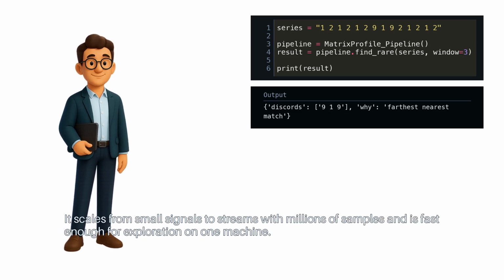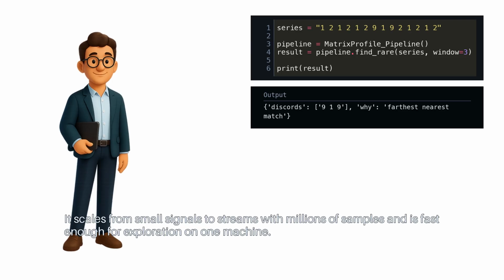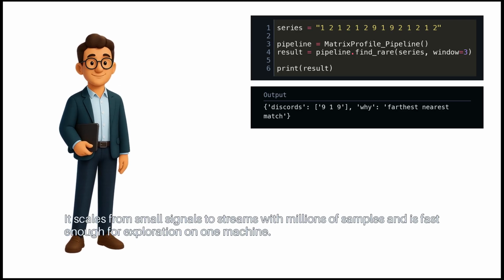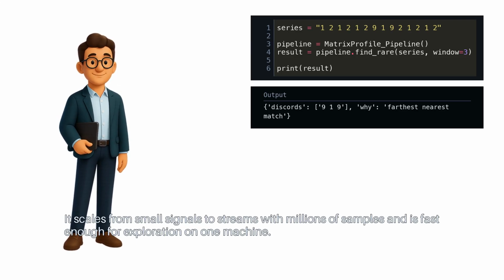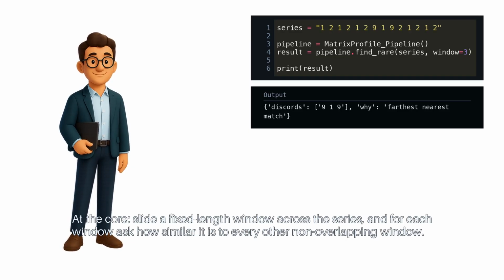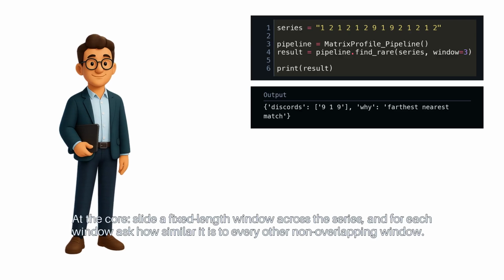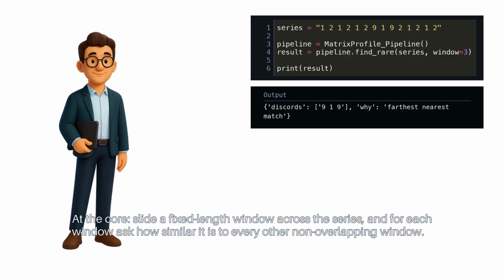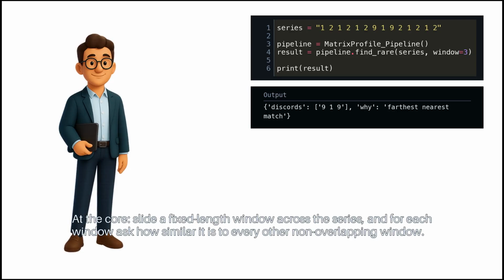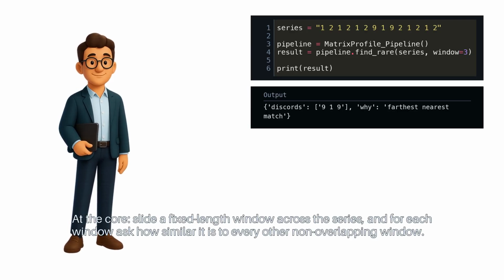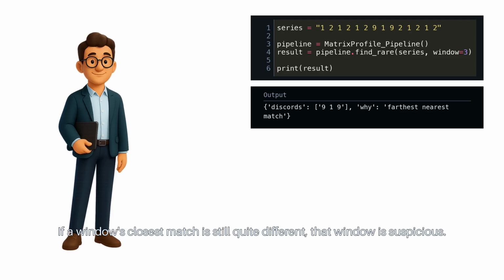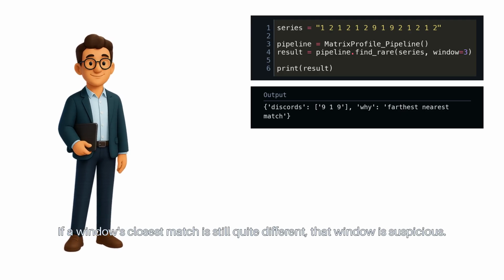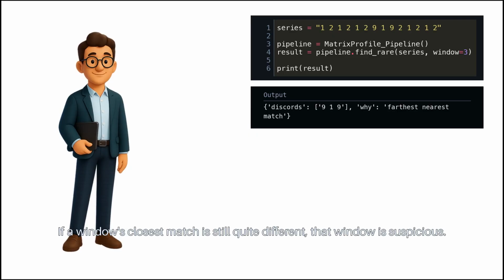It scales from small signals to streams with millions of samples and is fast enough for exploration on one machine. At the core, slide a fixed-length window across the series, and for each window, ask how similar it is to every other non-overlapping window. If a window's closest match is still quite different, that window is suspicious.